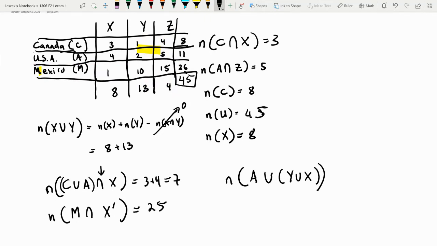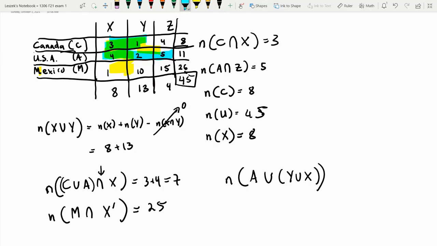So people are saying 6. Would you add all of America and X and Y? Well, be careful, right? It's a union, so here we can just count. You take USA and then you union that with X or Y.